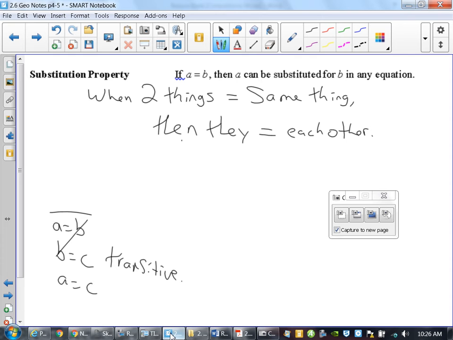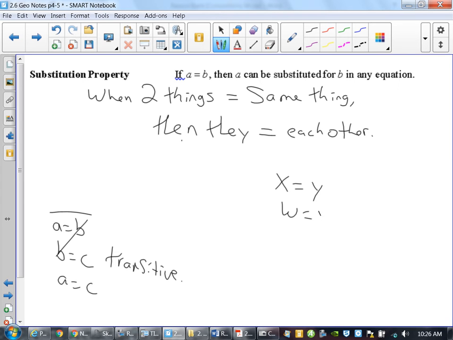Substitution, on the other hand, looks a little different. I use A's and B's, so we'll use X equals Y, W equals Y. What can you say? That X equals W. And that's it. That's what substitution looks like. It's a little bit different. Transitive has a diagonal component. Substitution, they're usually written right above one another.